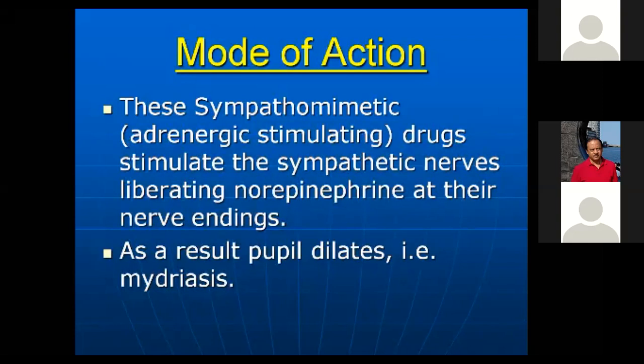But when adrenergic drugs stimulate the sympathetic nerves, they liberate norepinephrine. This is the difference. So when norepinephrine is liberated, it causes dilatation of the pupil, which is called mydriasis. So all sympathomimetic drugs cause mydriasis or dilated pupil.